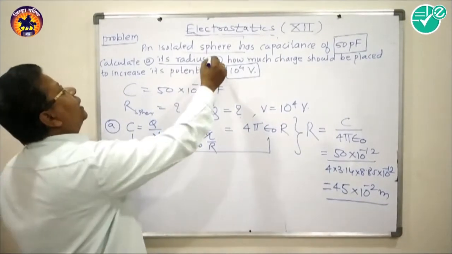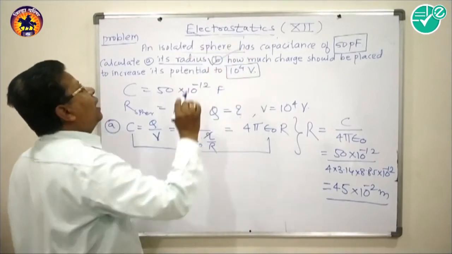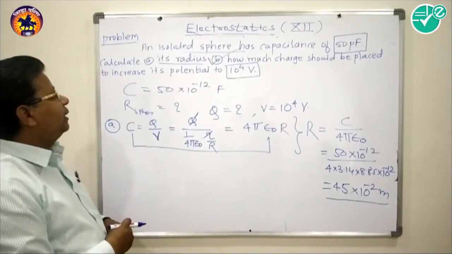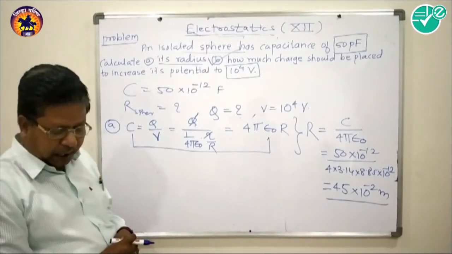Then in the second part we are asked how much charge should be placed to increase its potential by 10 to the power 4 volt.